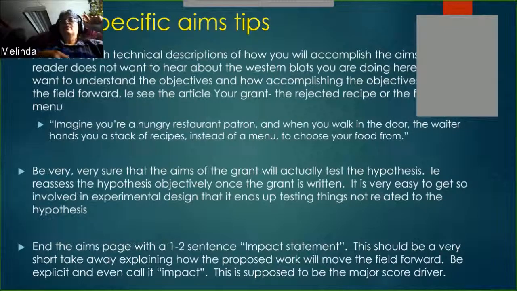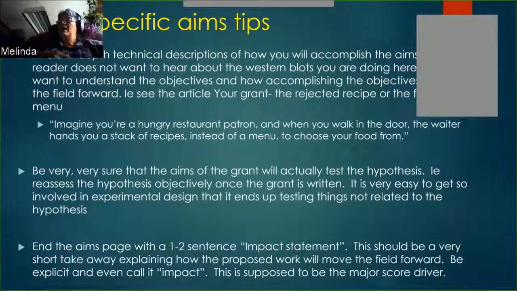Keep in mind you're spending months or years on this project. Your reviewer is going to spend at most 3 or 4 hours, and probably less than that, with your project. So you can't expect the reviewer to come up with all of the things that are important in your work.